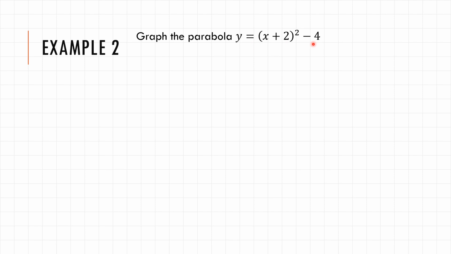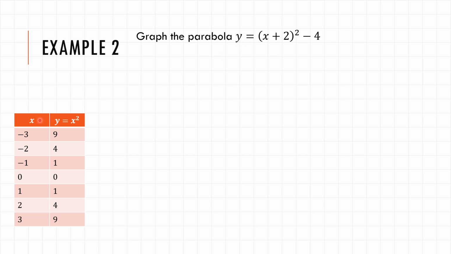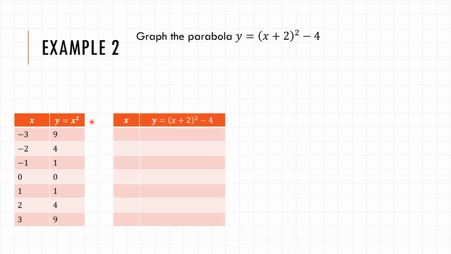Let's try to sketch a parabola just from the equation. So this is the parabola y equals x plus 2 all squared minus 4. We did sketch it out in our previous example, but let's do it one more time. And this time I'm going to do it by transforming the points of the quadratic y equals x squared. Where is their new location going to be?